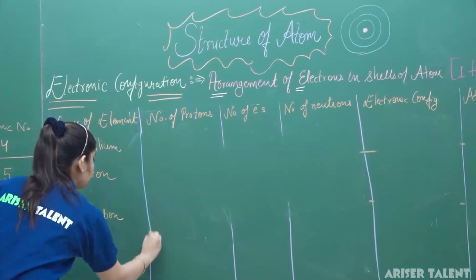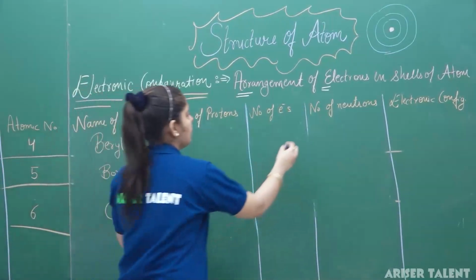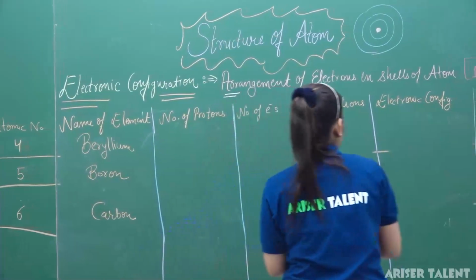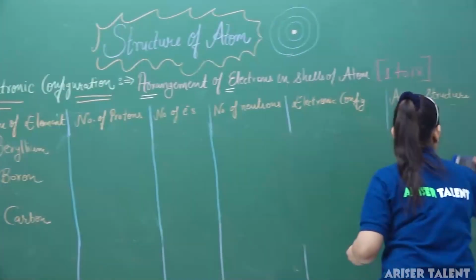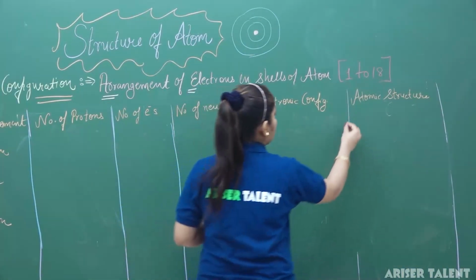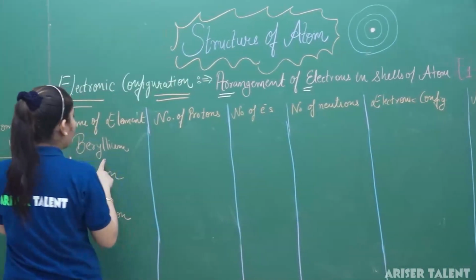So, beryllium will have atomic number 4.